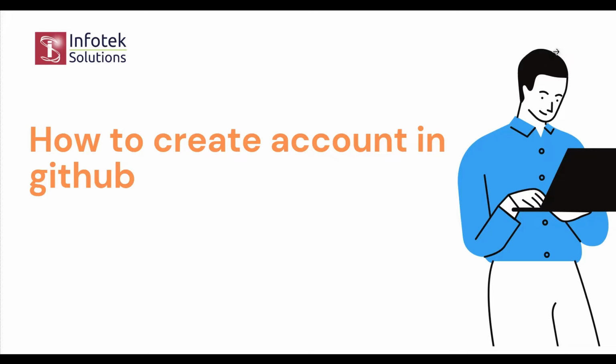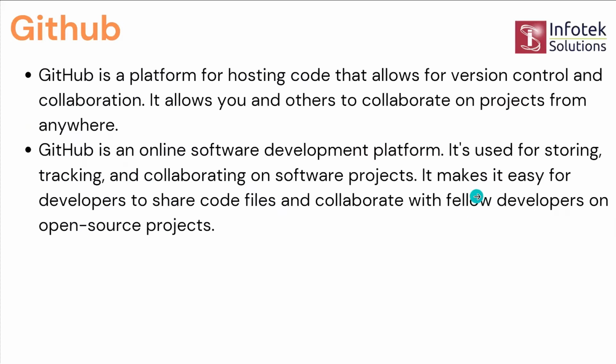So first, let's understand what exactly GitHub is and why it's required. GitHub is a platform for hosting code that allows for version control and collaboration. It allows you and others to collaborate on projects from anywhere. So that means it's a platform where you can upload your code. Here you can collaborate with different team members easily. So instead of sharing the code personally or sending it through other mediums, you can send it straight through the GitHub platform.